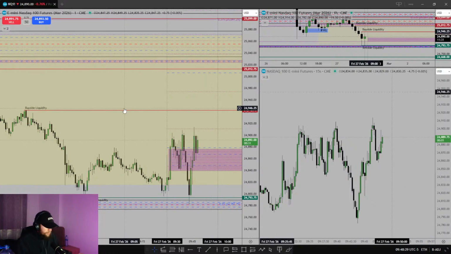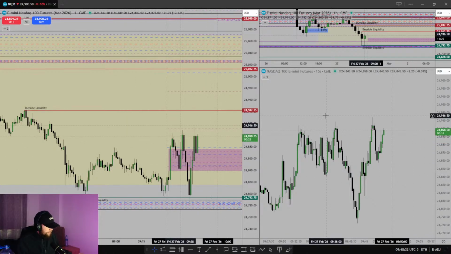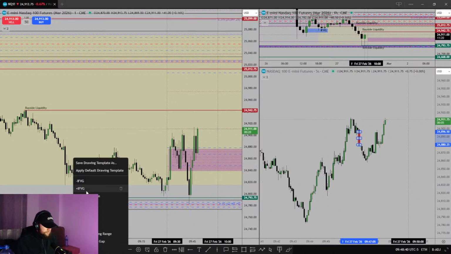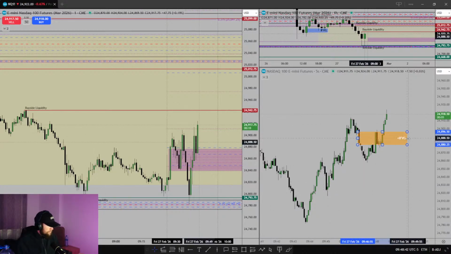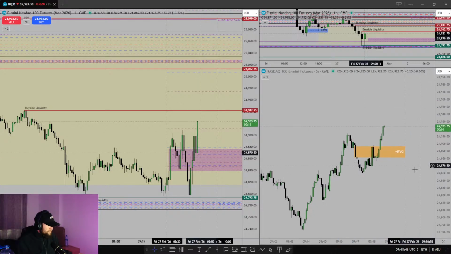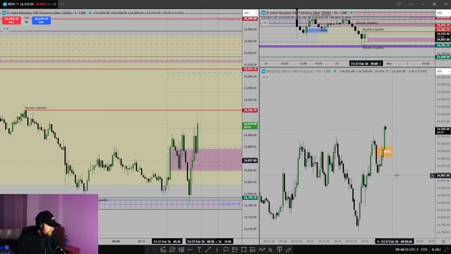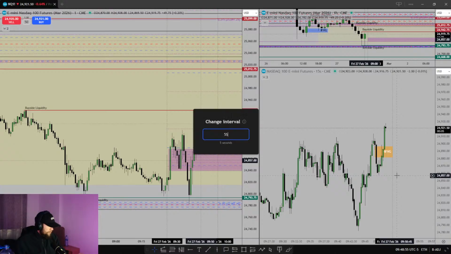All right, so I'm looking for the buy side here with the opening range gap midpoint. It might not give me the entry.